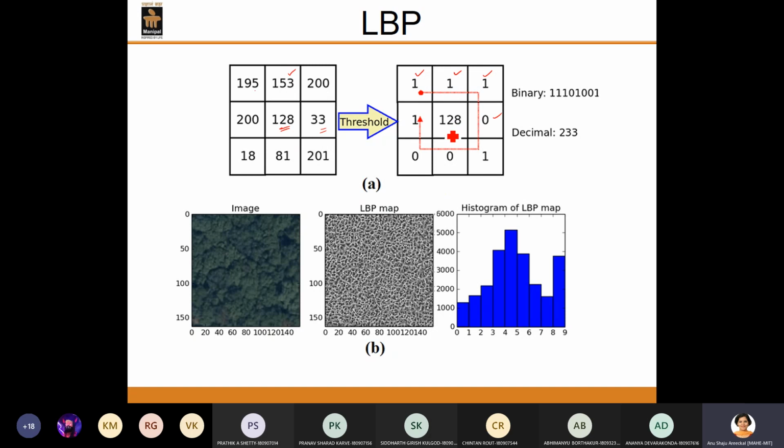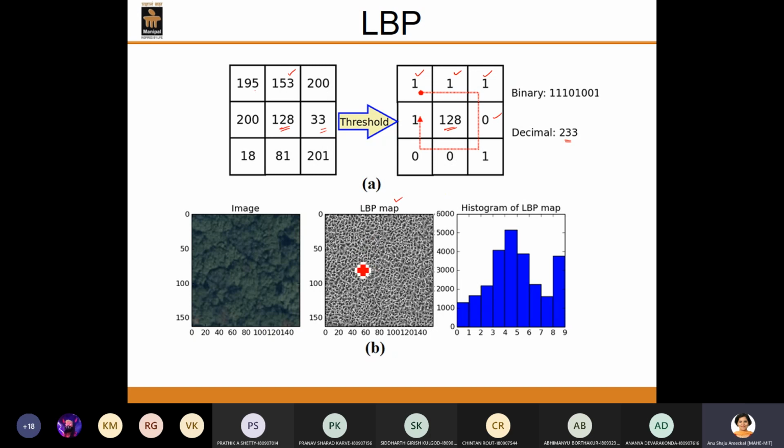Now after this is thresholded, you have this particular pattern, so 11101001 would be the binary pattern which would represent the center pixel 128. The decimal equivalent would be 233. Now, like that, you calculate for all the pixels present in this image, and when you create an LBP map, it might look somewhat like this.